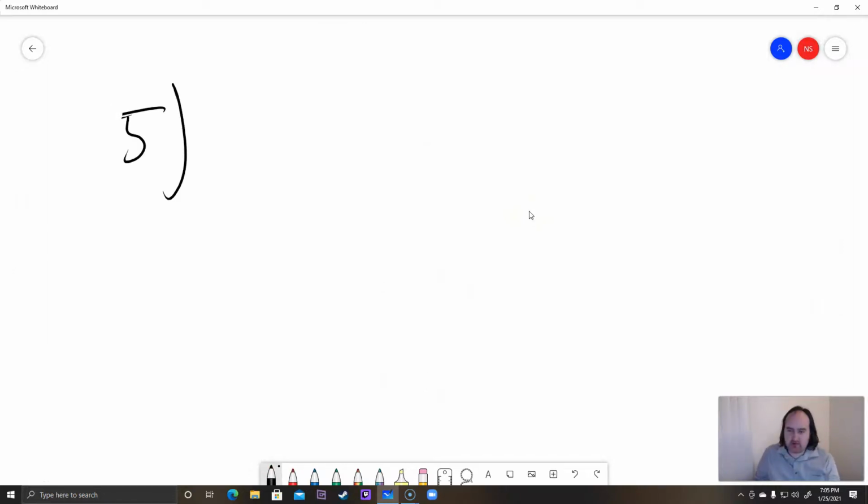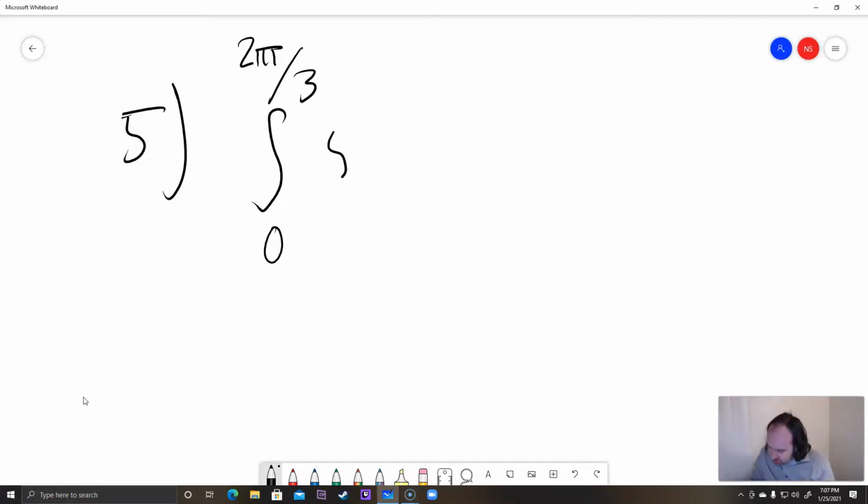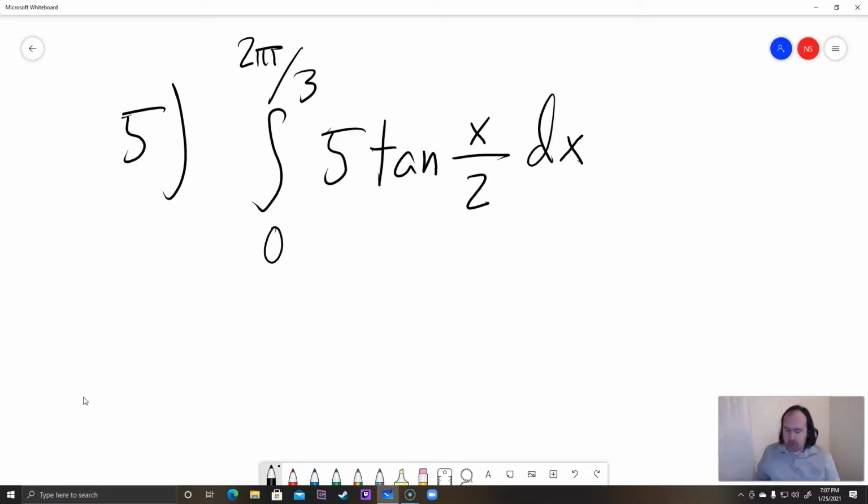For example number 5, we have the integral from 0 to 2 pi over 3 of 5 times tangent of x over 2 dx.